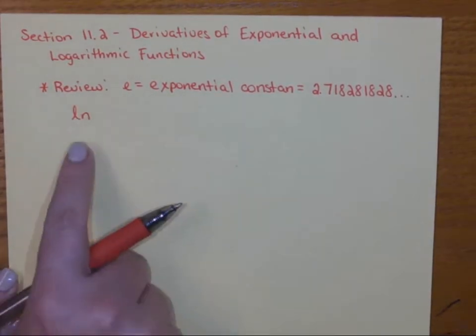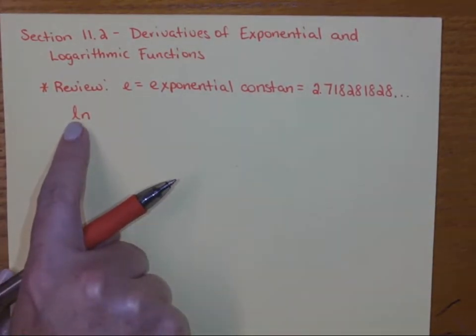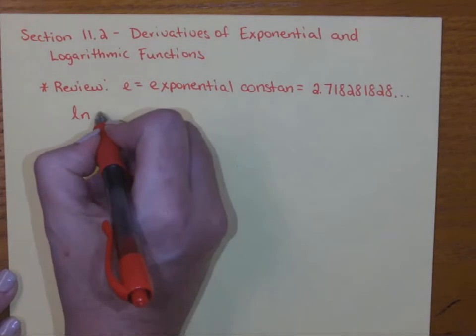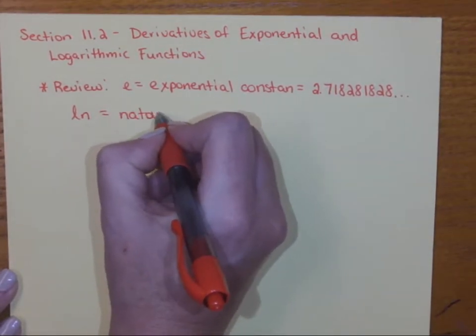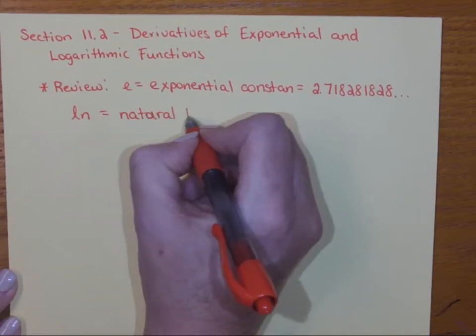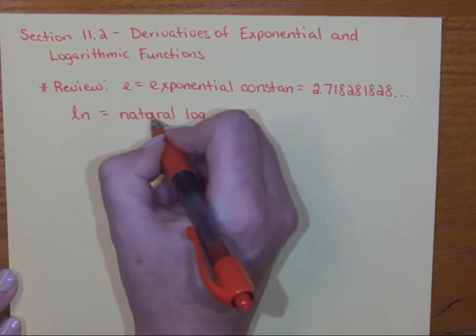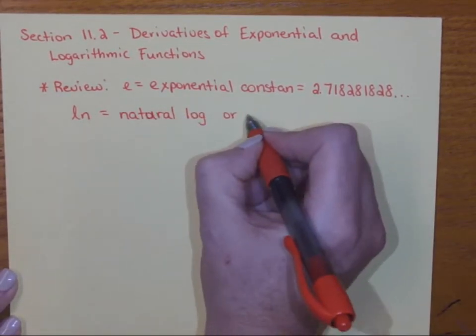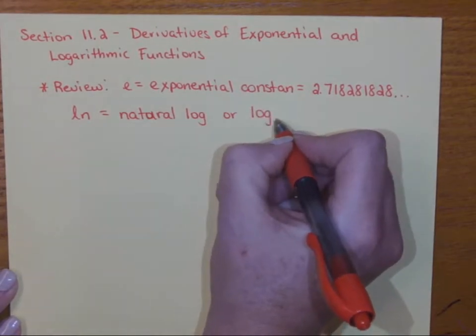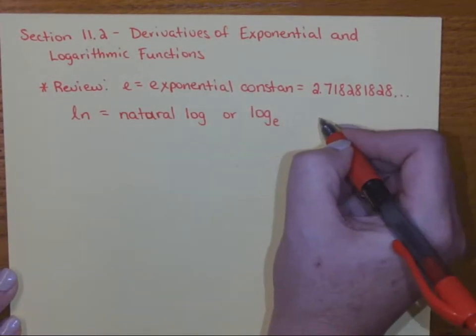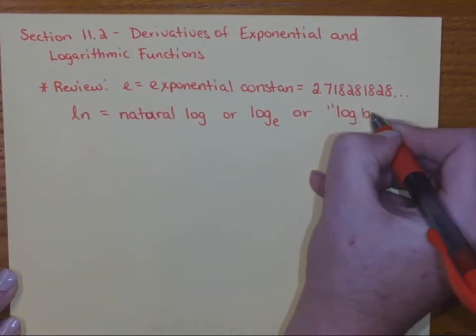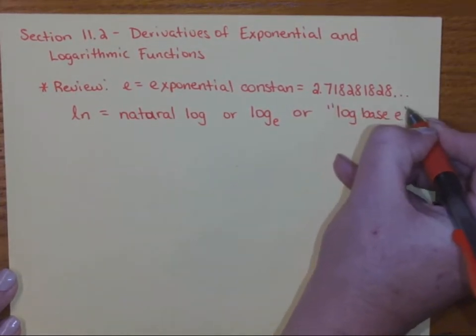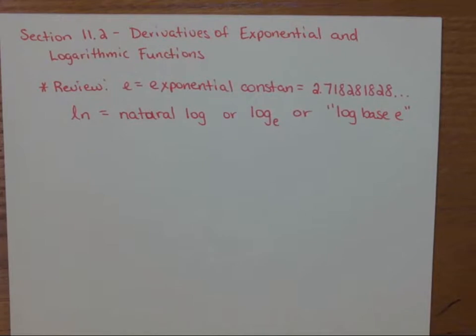You usually see it with an italic N or L, which is why I show it like that. This means natural log, it's the log with a base of e, and you can say it as natural log or as log base e.